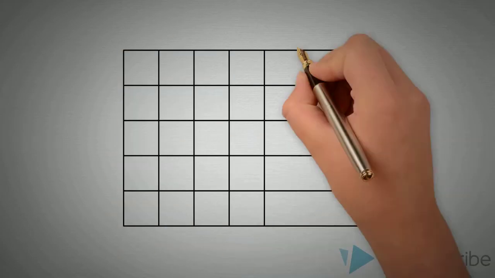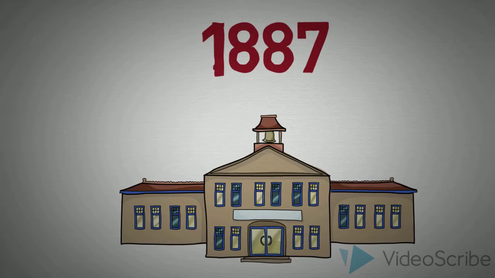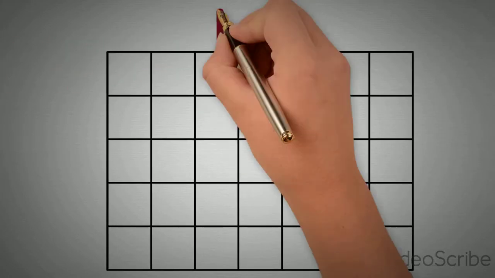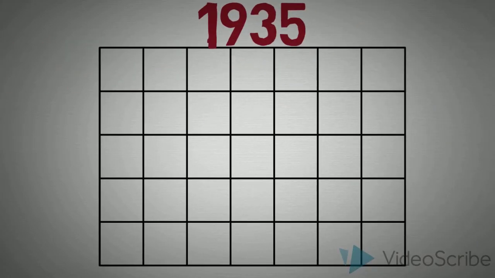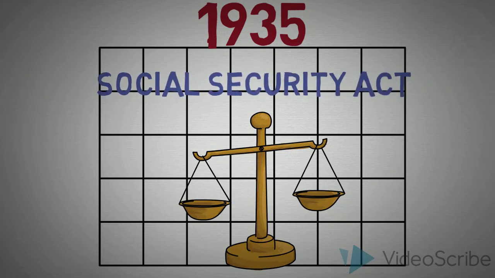Fast forward to the 19th century. In 1887, the first Institute for National Health was founded. Now, in the 20th century, in 1935, President Roosevelt passed the Social Security Act.